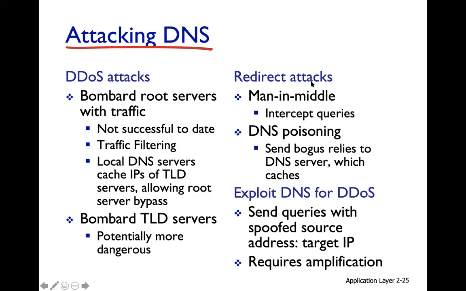And another kind of attack tries to get the information. One way to get information is man in the middle, so I can catch the queries instead of you, and then I get the information from the feedback from the DNS server. Another thing is I give you the wrong information and redirect you to some web page similar to the previous web page you have already seen.